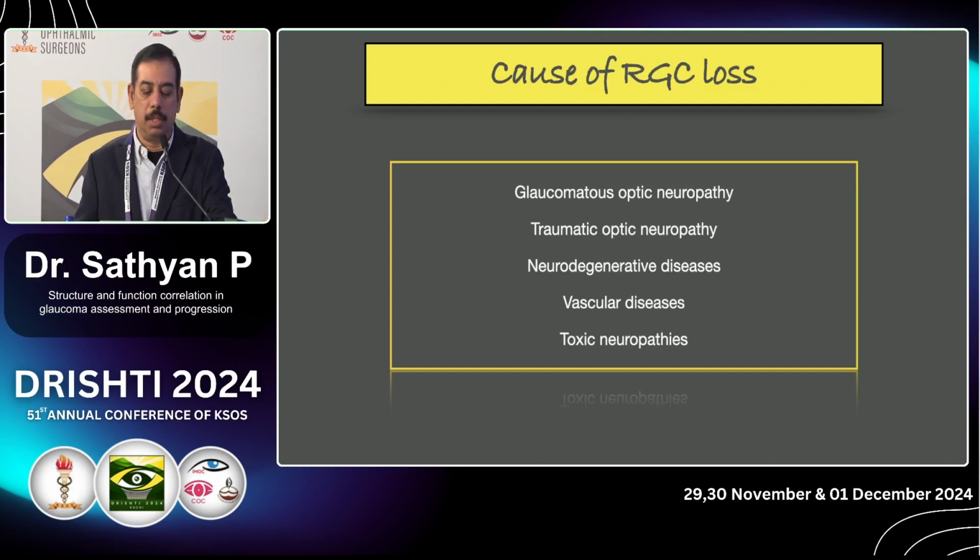There is trauma, there are neurodegenerative diseases, there are vascular diseases. There are enough toxic optic neuropathies which we have not looked into. We know what Kerala is famous for, what Tamil Nadu is also famous for. But we never looked at in the OCT or the visual fields whether we are really picking these up, and then reasonably explaining to them, don't do this anymore. Or probably you just continue so that you keep coming to us.